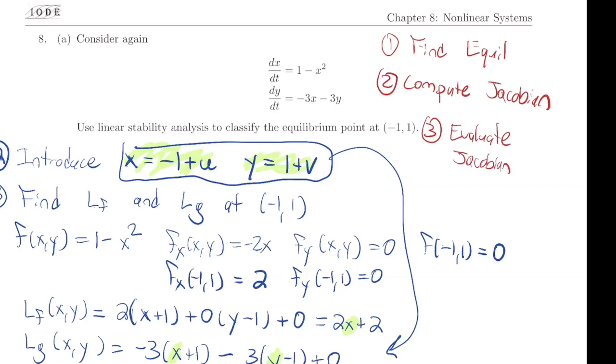We evaluate the Jacobian at each equilibrium. And then we find the corresponding eigenvalues of that Jacobian. And then if they're real, complex, positive, negative, we have already talked about how we can classify that type of equilibrium. So that hasn't changed.